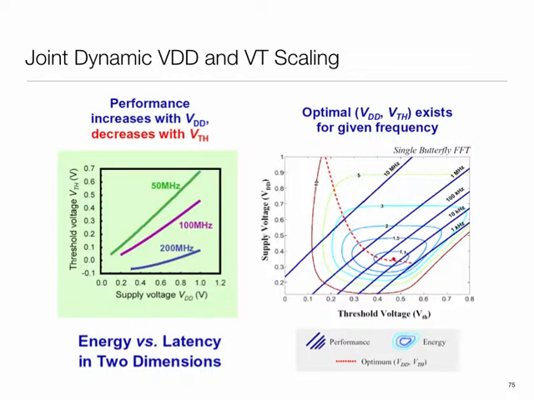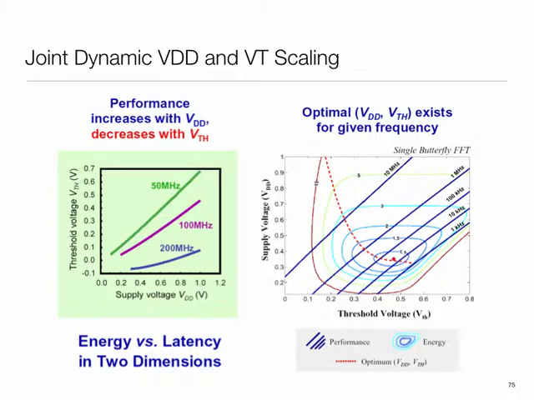For a given supply voltage, as the threshold voltage increases, performance goes down, because it's the difference between V and Vt, V minus Vt, which affects how fast the processor works. So I have control over both. Now I have a two-dimensional adaptation at runtime that I can do. I can control the threshold voltage, I can control the supply voltage, and so what we are seeing here is the following.